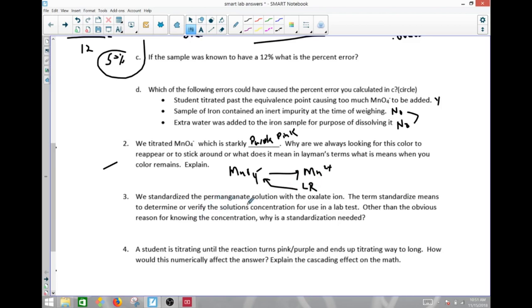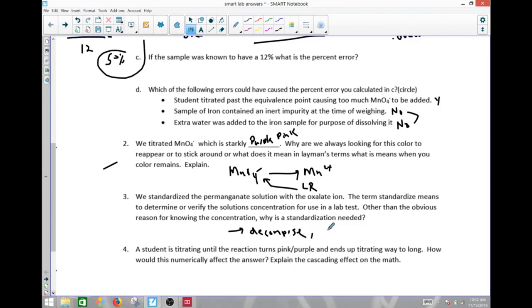We standardize permanganate solution with oxalate ion. In terms of standardization, the term standardization means to determine or verify the solution's concentration for use in lab. Other than the obvious reason for knowing concentration, why is standardization needed? Some chemicals, as they sit around on a shelf, could decompose.